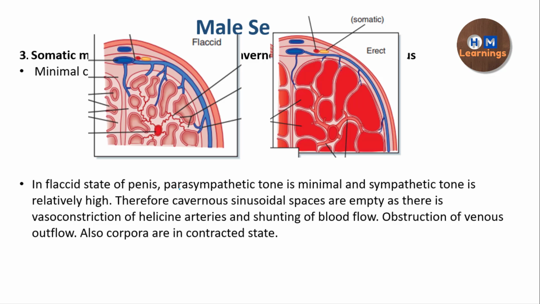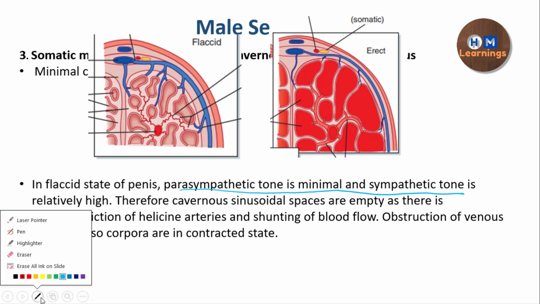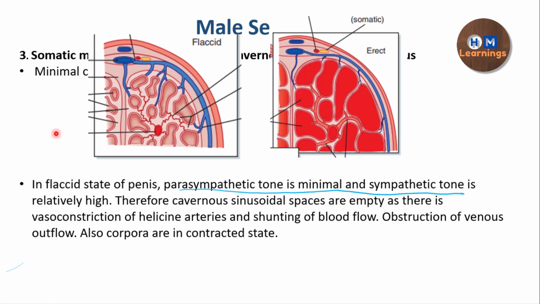During the flaccid state, what has happened? The parasympathetic tone is very less and the sympathetic tone is very high. Because of that, the cavernous sinusoidal spaces are empty. I'll use the laser pointer.